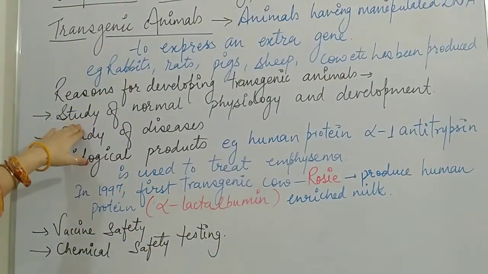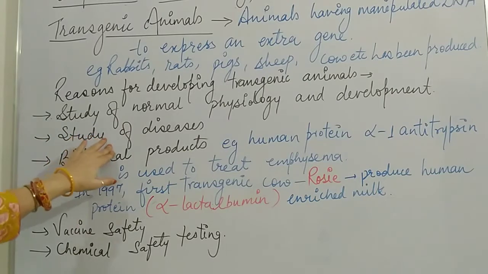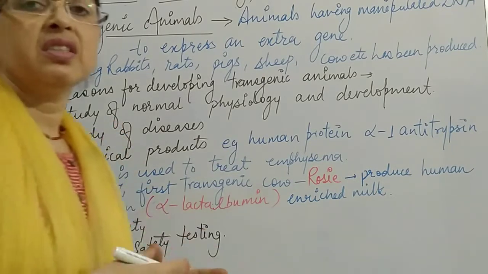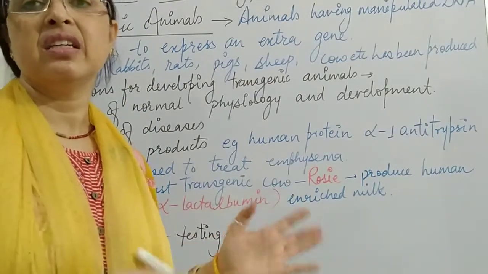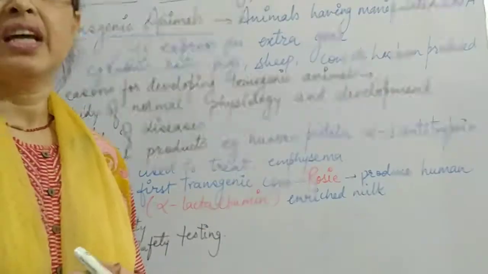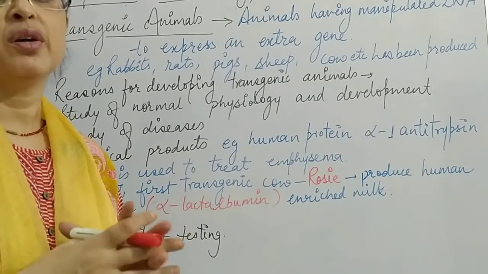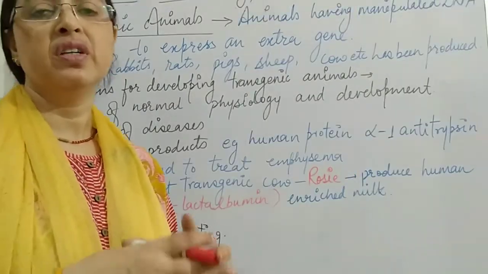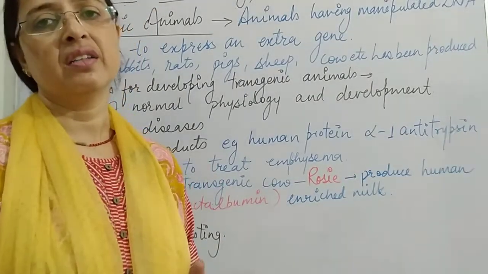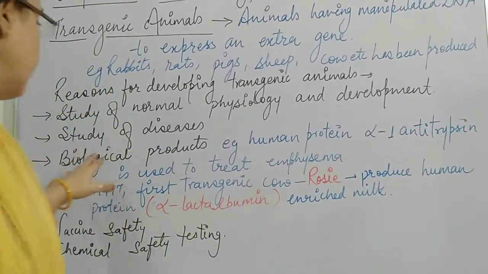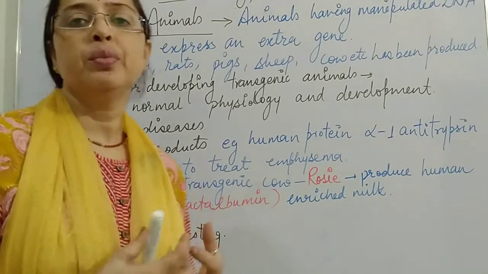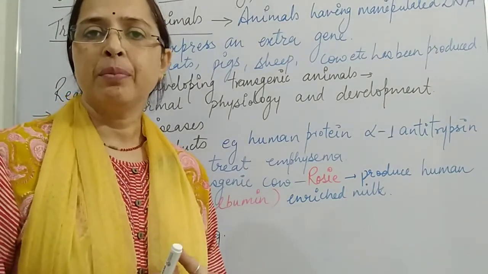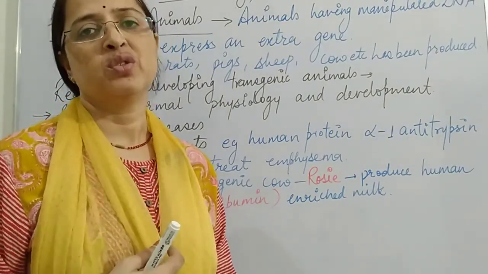The next is the study of diseases. When a person or any organism is suffering from a disease, these transgenic animals help in studying the reason behind the disease. The next is biological products, meaning human products can be obtained from these transgenic animals.